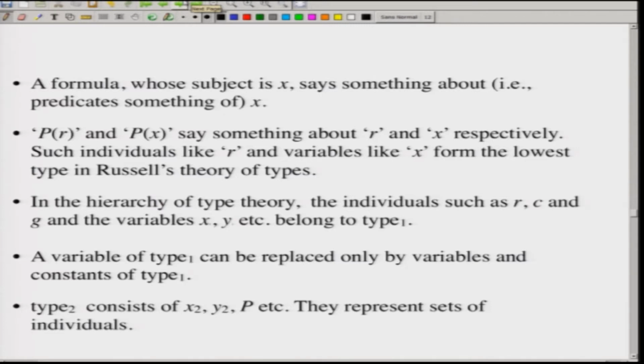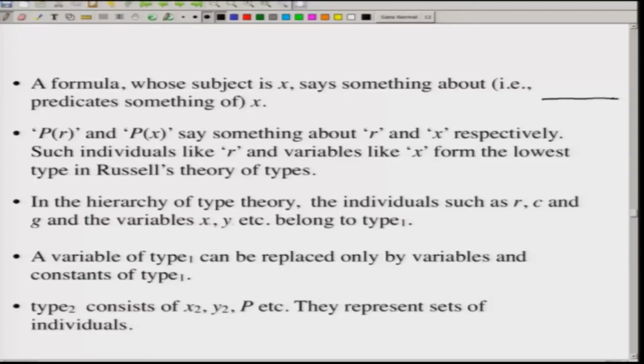Now, we are slowly considering the hierarchy. So, what is a hierarchy? It is a structure where you have the lowest layer and then a layer slightly higher than that, and kind of this is a hierarchy where we are assuming that they do not belong to the same level.